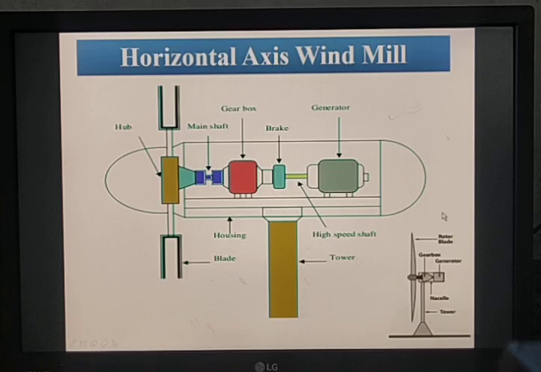Based upon the nacelle, the wind direction is determined, and based on the direction, it rotates with the help of the yaw motor and yaw drive. In a horizontal axis windmill, yaw control is required to rotate based on the wind direction. Also, the power generation is maximum, that is, more power is generated.